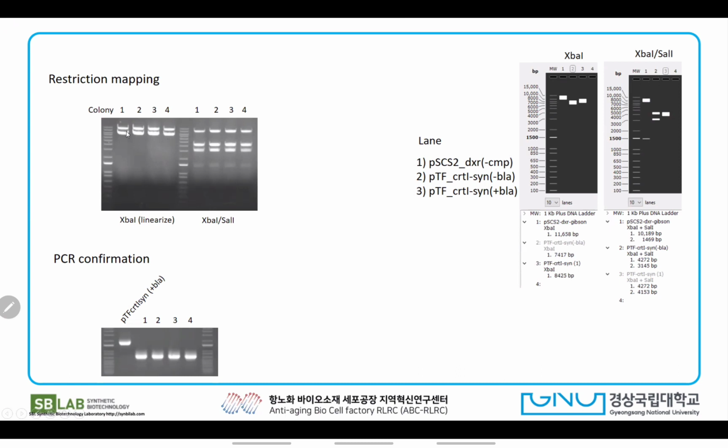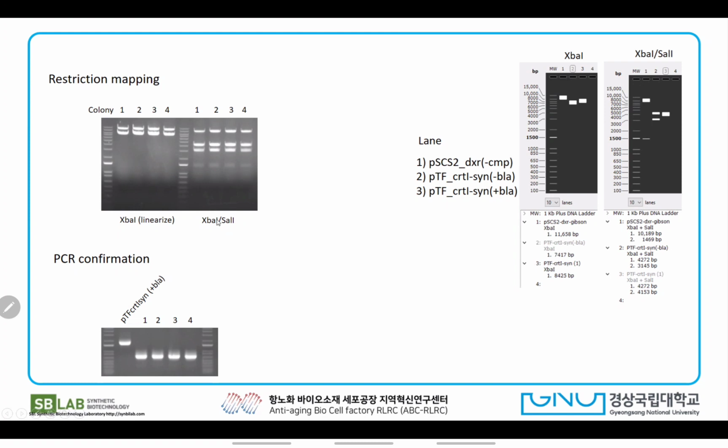The first band is for PSCS2 without chloramphenicol, and the second band is our PT phytofluin plasmid. In all four colonies, the plasmids were in very good condition as well as at very good concentration. After linearizing, we again digested with XbaI and SalI to confirm further.